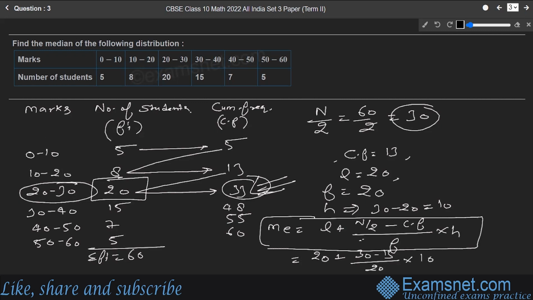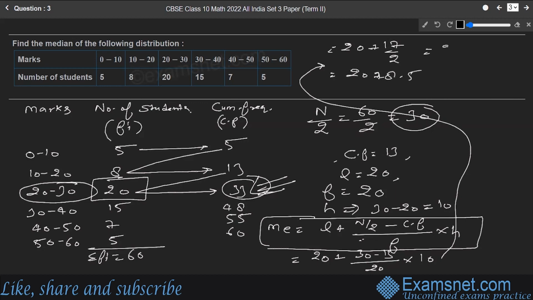If we solve this further, it reaches 20 plus 17 by 2, that is 20 plus 8.5, which is 28.5. So that is the ultimate median value, 28.5.